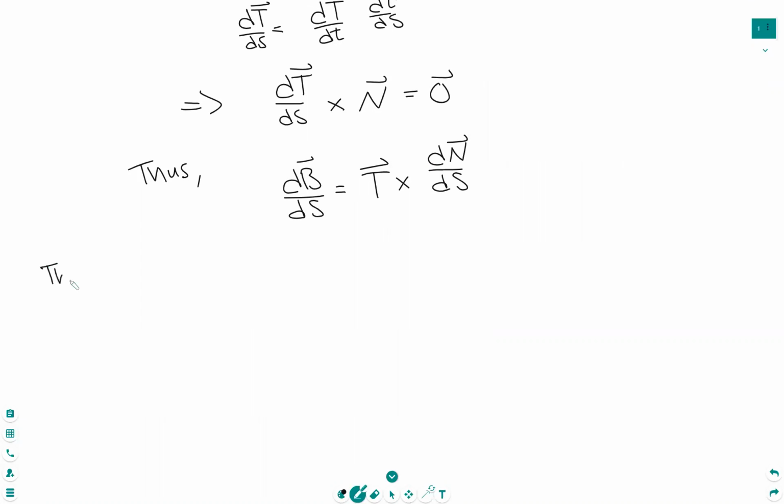So this means that dB/ds is orthogonal to T, right? The cross product just generates an orthogonal vector to both of the things used in the cross product. So we definitely know that it's orthogonal to T.